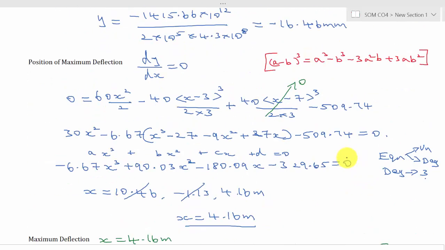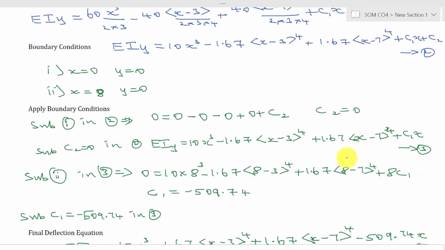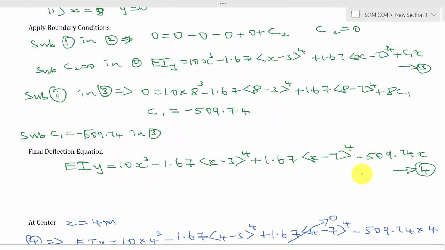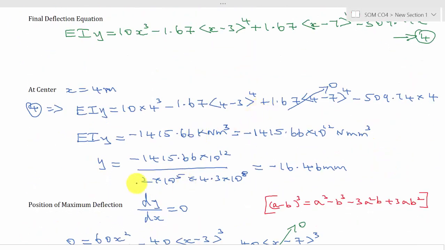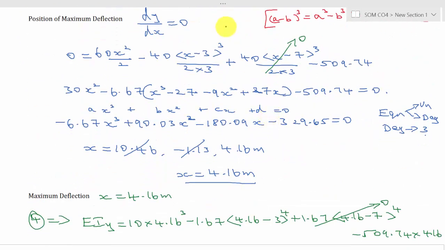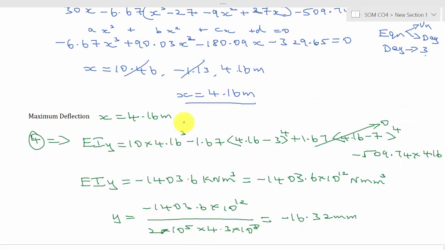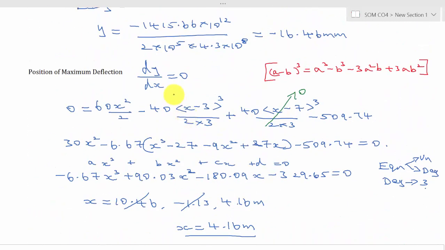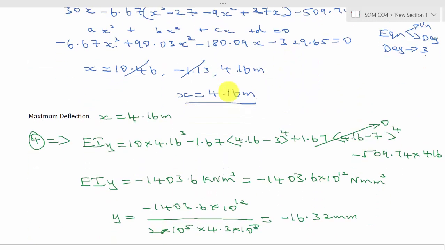Okay, so up to the calculation of the final deflection equation, it is the same as the previous problem. After that, at center x is equal to 4, and I have calculated the maximum position at which the maximum deflection occurs. So that is dy by dx. In that I have neglected the region after point C and I have calculated the x.